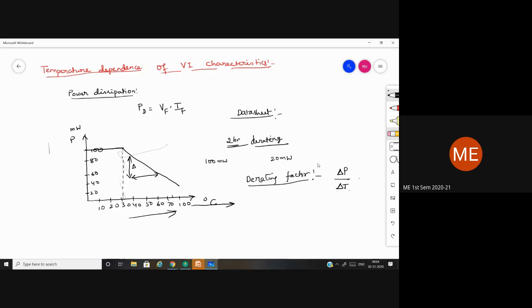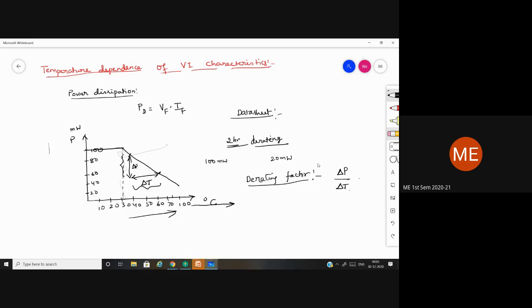So this gives you delta P and this gives you delta T. By considering any 2 points, this temperature and this power, you substitute, and you'll get the derating factor of this particular diode. Okay, so we understood what is derating. The power dissipation, as you know, is calculated as the product of voltage and current.